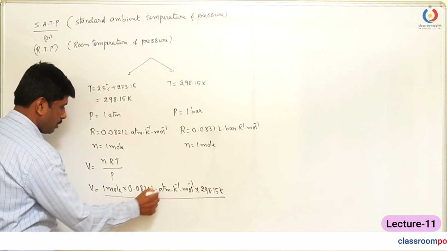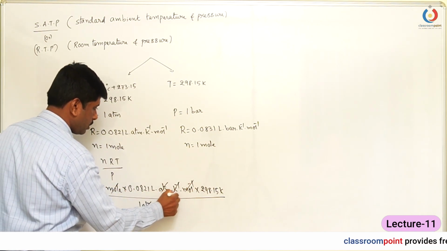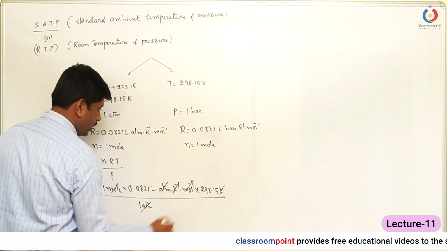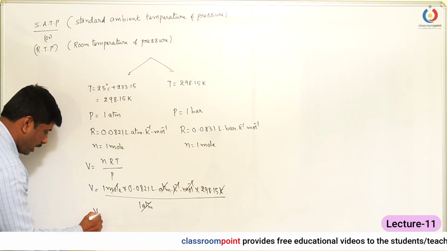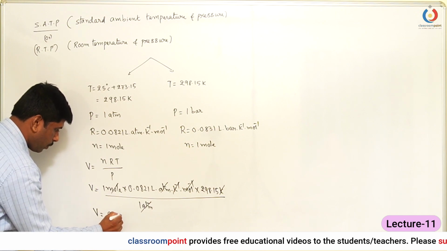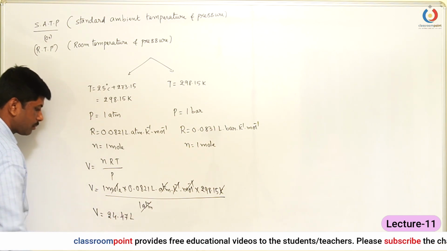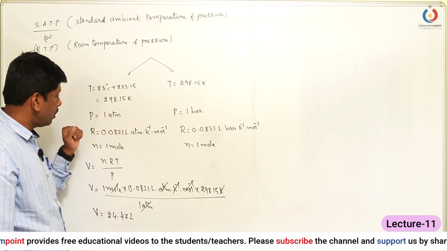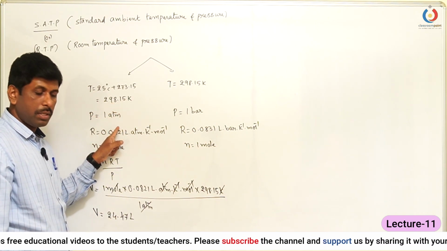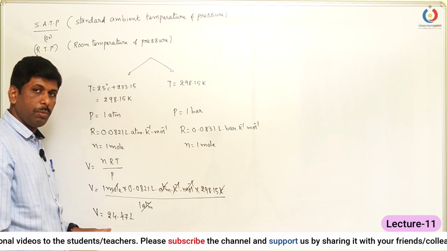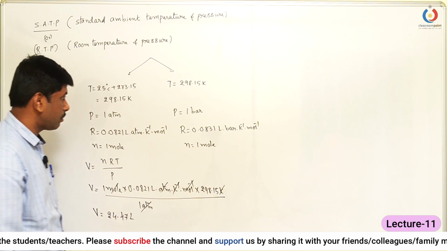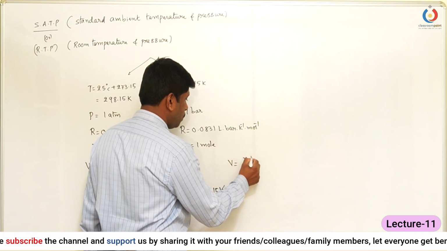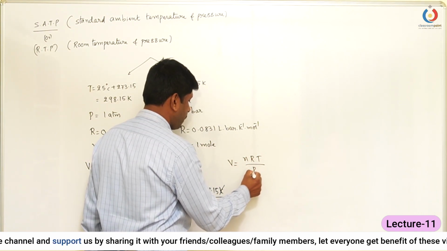When I cancel all these units, finally 0.0821 liters into 298.15 gives the value of 24.47 liters. That means 1 mole of the same gas at room temperature using the pressure 1 atmosphere occupies 24.47 liters of volume.